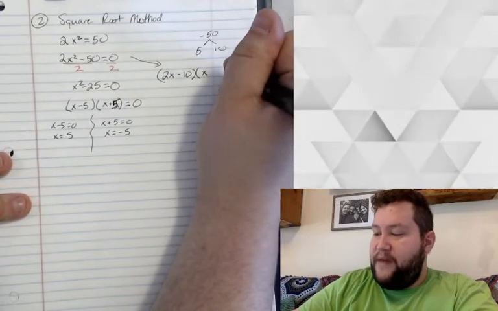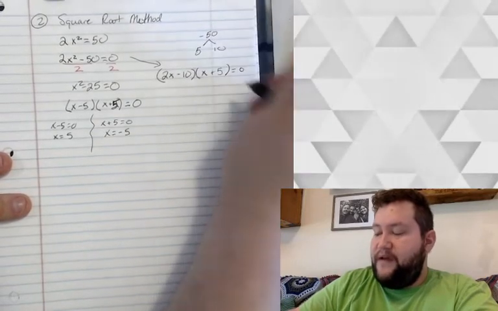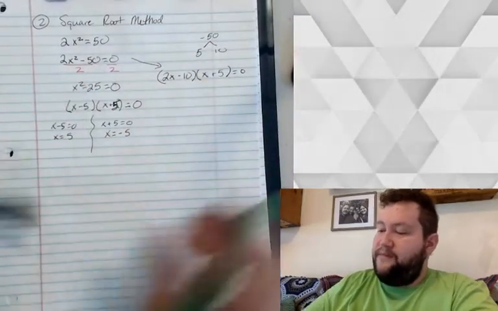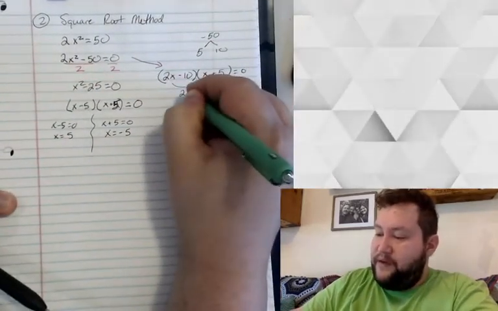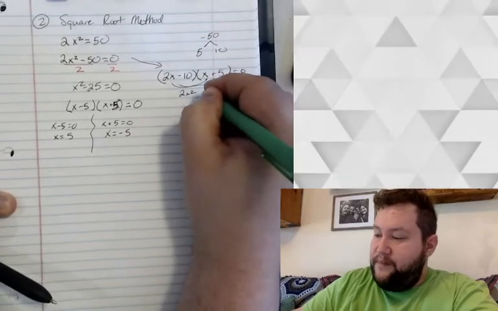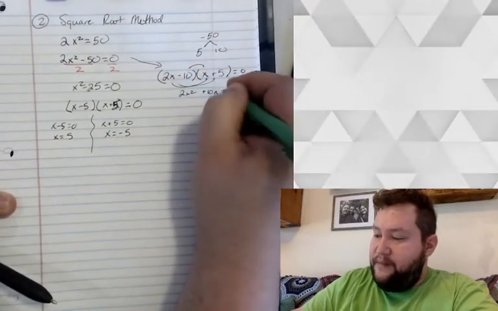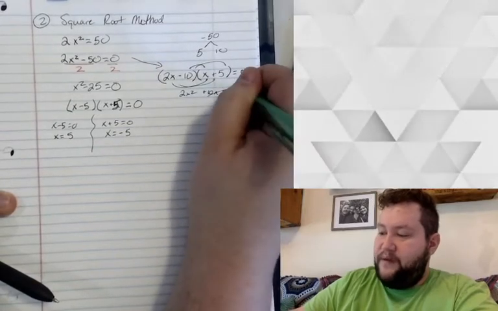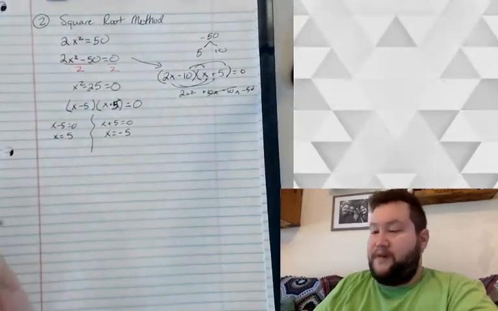So we have minus 10 plus 5. We can double check that by distributing: 2x squared plus 10x minus 10x minus 50. Those cancel, so we got back where we started.